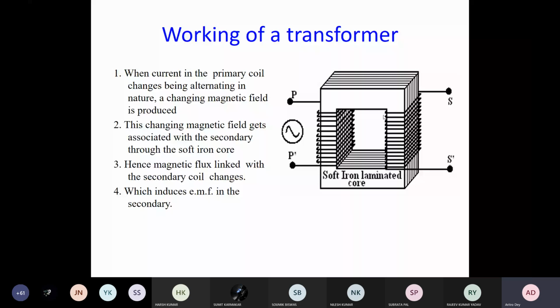Hence the magnetic flux linked with the secondary coil changes, and if that is changing, then definitely you will get an induced EMF in the secondary. Actually what happens, you have your BH curve like this.